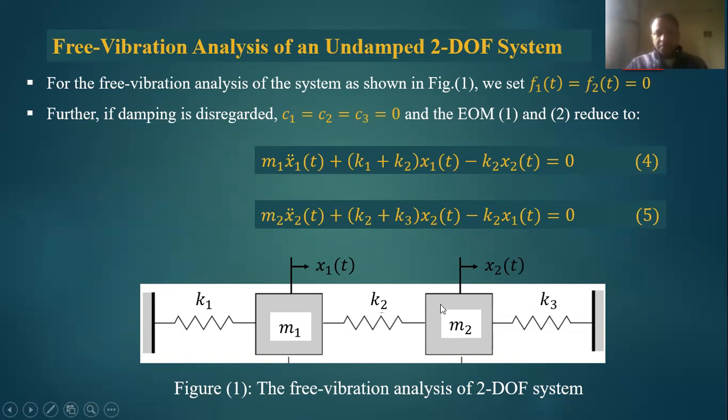All the damping constants are zero and all the force vectors are zero. So our final equation from equations 1 and 2 is this one, just by substituting or neglecting these terms. So this is free vibration.